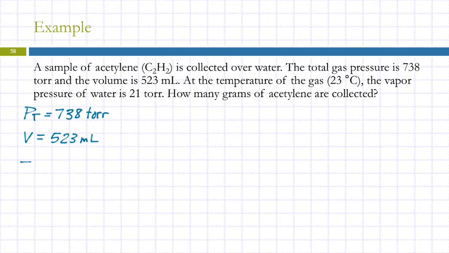The temperature is 23 degrees Celsius. The vapor pressure of water is 21 torr. So vapor pressure of water, that's a partial pressure. So that's the pressure caused by the water vapor. And we're looking for grams.